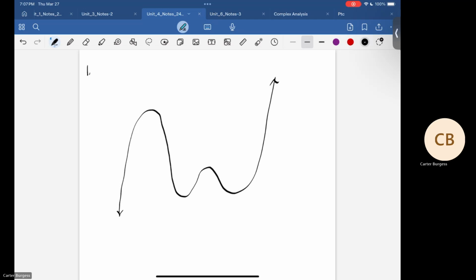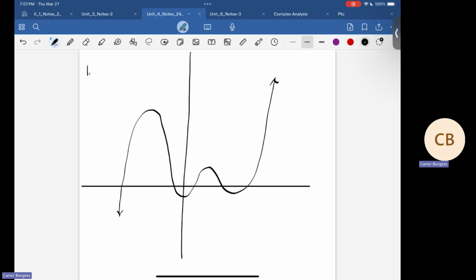Frankly, I can draw in the XY plane, but it's not even super necessary for this. It's more like something like this. Not exactly, but it doesn't really matter.